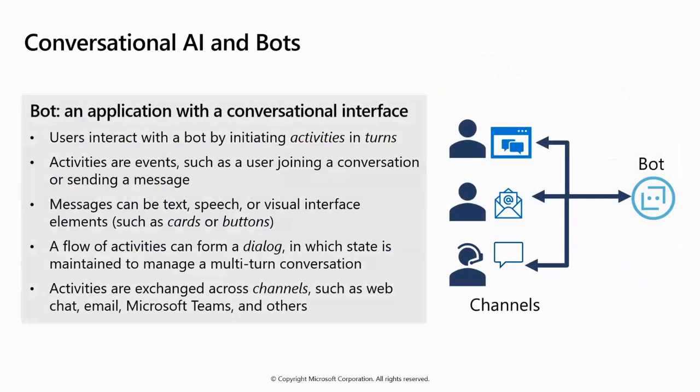The messages can be text, audio, or graphic interface elements such as cards and buttons. These activities can form a dialogue in which state is held to manage a multi-turn dialogue. Information is shared using a wide range of techniques, including online chit chat, email, Microsoft Teams, and others.